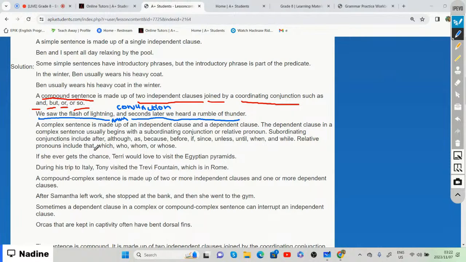And remember, a complex sentence has an independent clause, but it also has a dependent clause, right? And it begins with a subordinating conjunction or it starts with a relative pronoun.